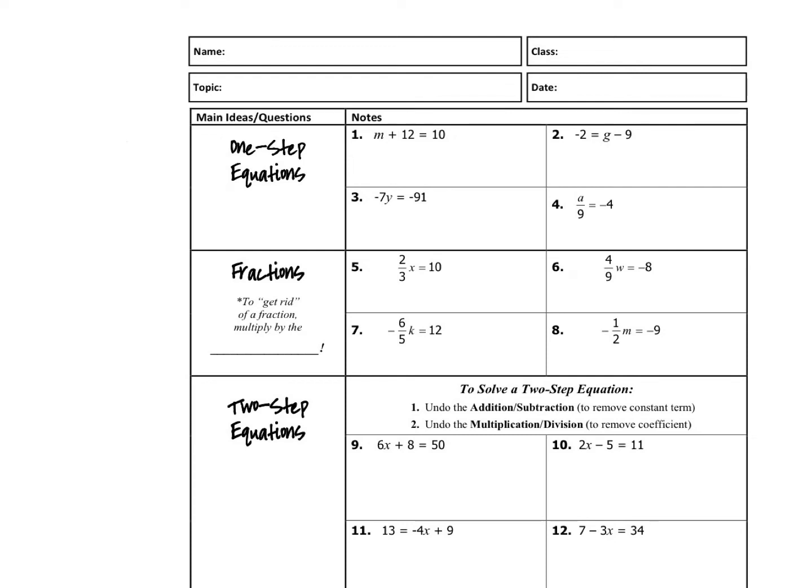Okay, scholars, today we're going to talk about solving equations. Couple things you need to know. Number one is you want to always do the opposite. So if you have an addition problem, you want to subtract. If you have a subtraction problem, you want to add.